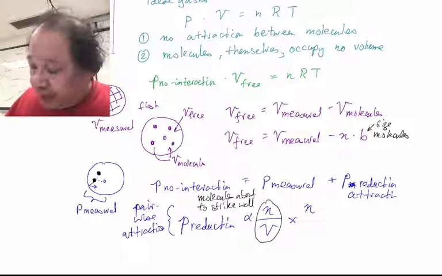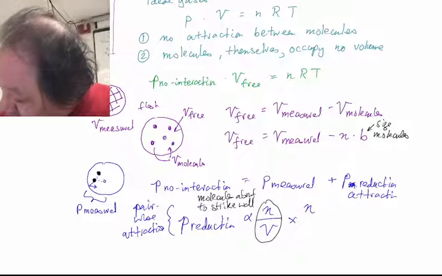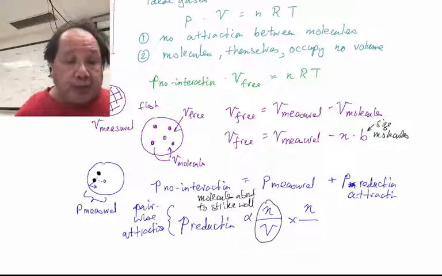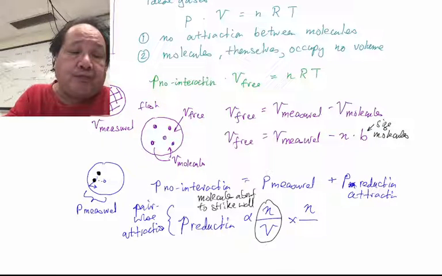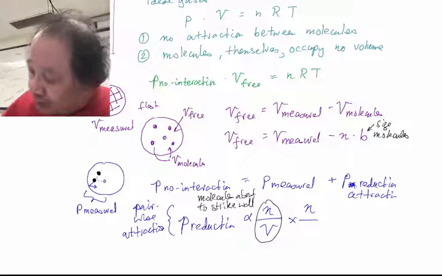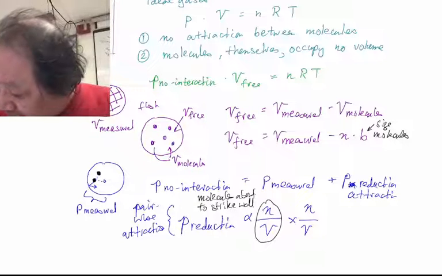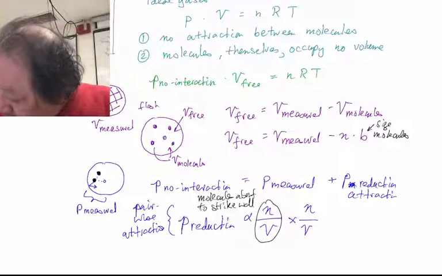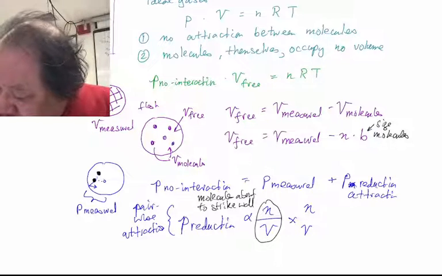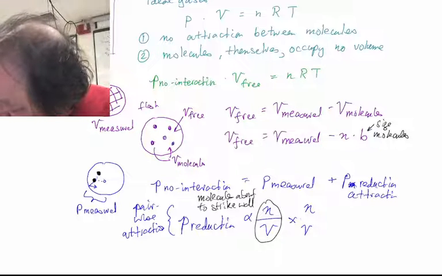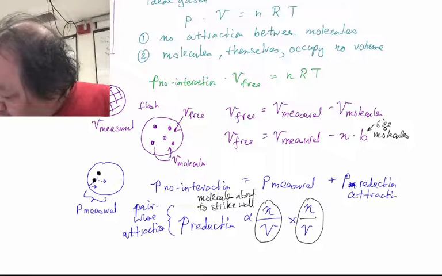So this N doubles, that doubles. And if we double the volume of the flask, we halve the number of molecules that are going to be nearby. And so we end up with a second factor, from molecules nearby.